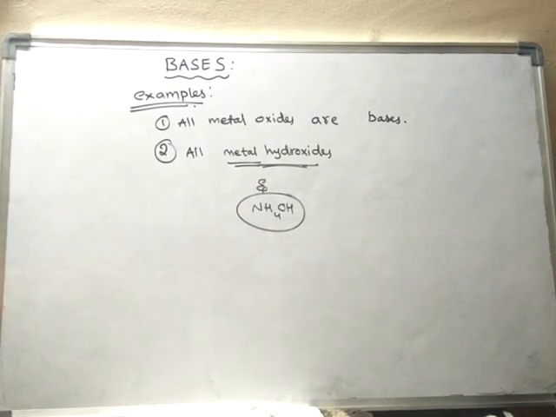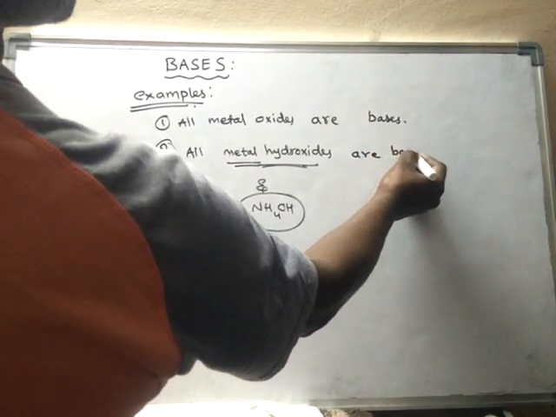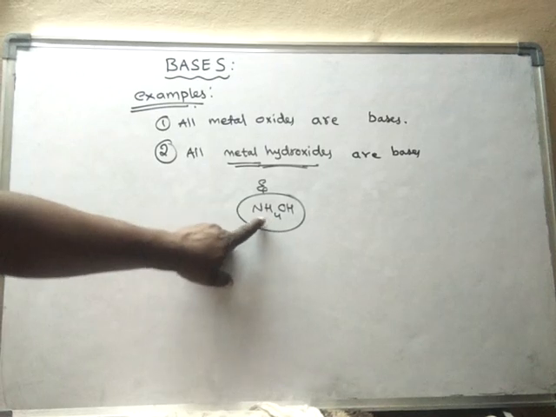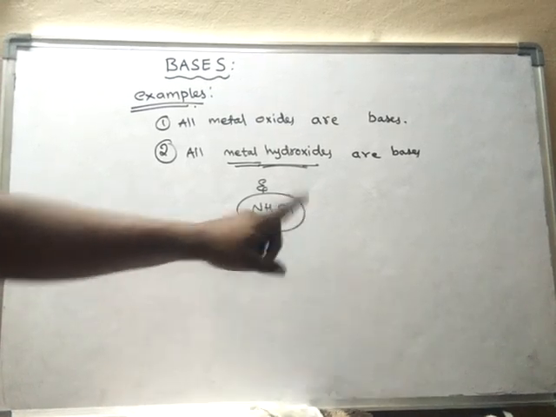All metal hydroxides are bases. Actually, ammonium hydroxide does not contain any metal, but still ammonium hydroxide is a base.